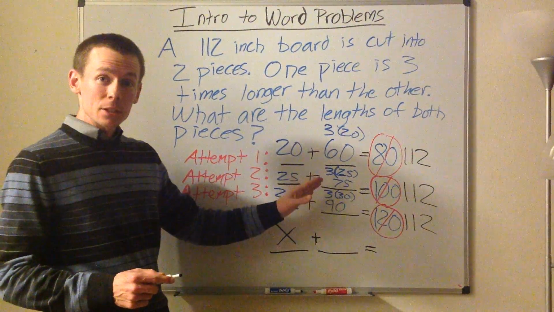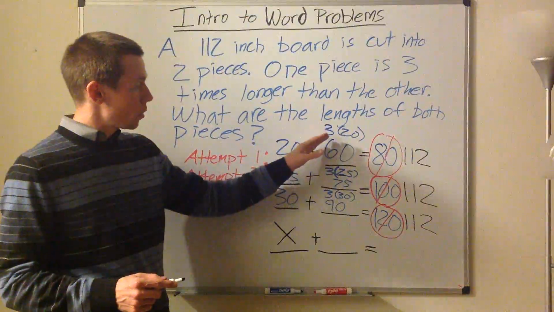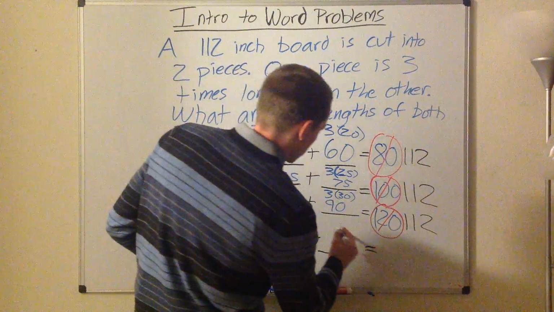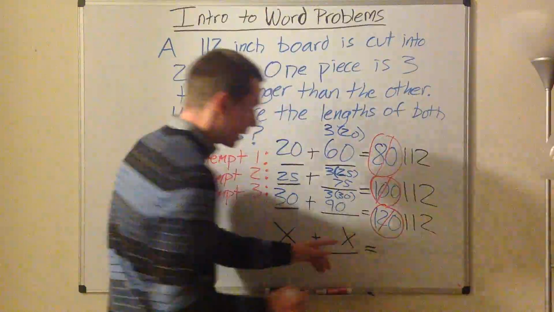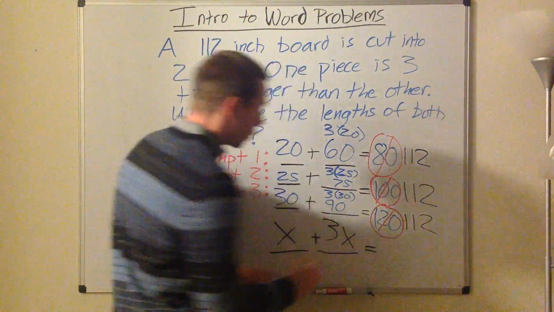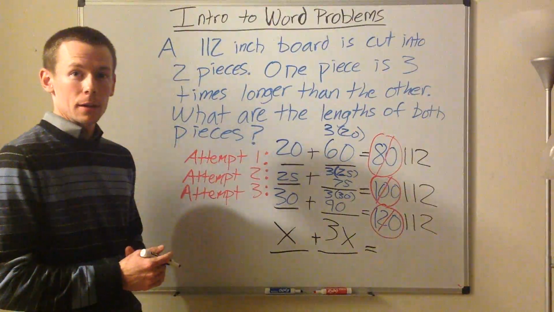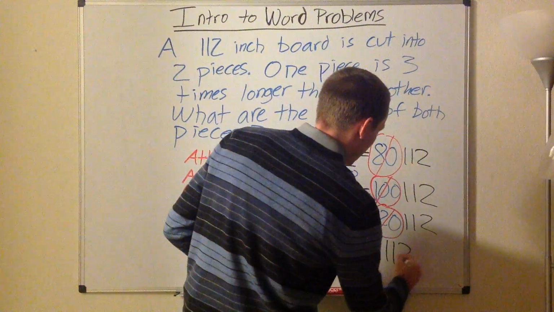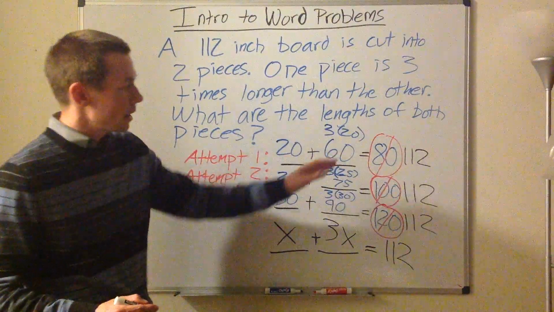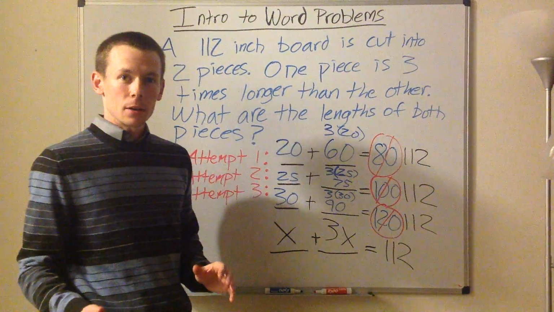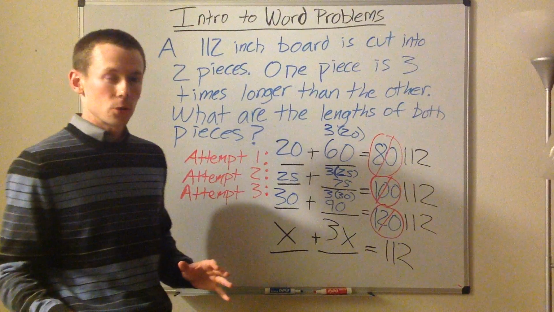Well, what wasn't changing was the fact that we were multiplying our guess by 3 each time. So our guess was x, but each time we were multiplying it by 3. Now, our incorrect answers were changing, but what wasn't changing was the answer we wanted. We always wanted it to equal 112.